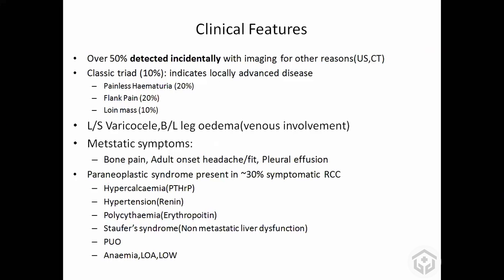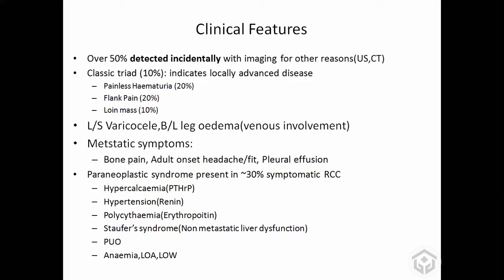The common presentation of renal cancer nowadays is incidental diagnosis, because we do a lot of scans and for some reason they find the tumor. So the common presentation is the incidentaloma. But we know the classical triad: painless hematuria, flank pain, and a loin mass. Another point to remember: renal cancer is notorious for paraneoplastic syndromes.